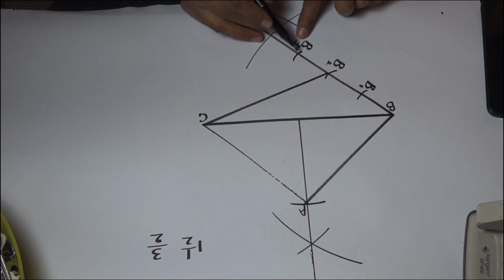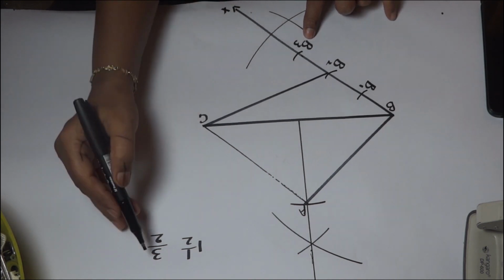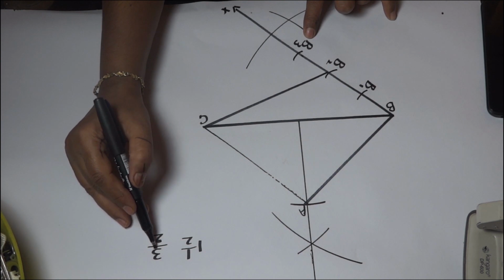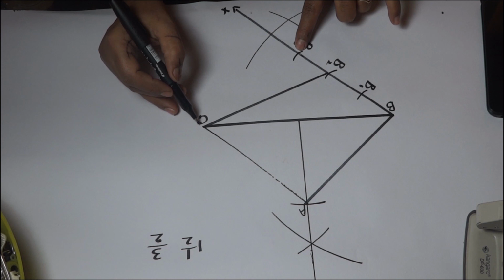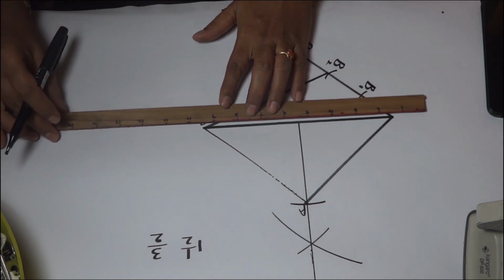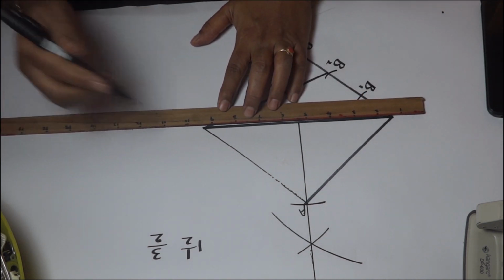To join the third part, because in the numerator you can see here it is 3. To join this part 3 to the line segment BC, we have to extend this line segment BC further.